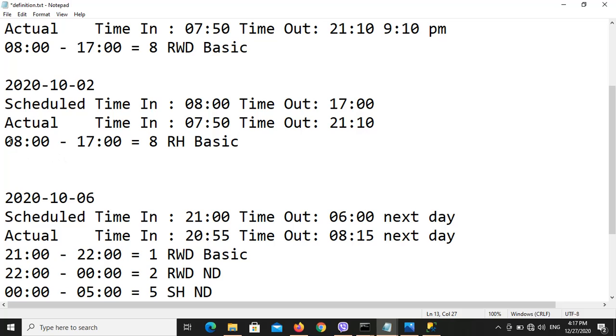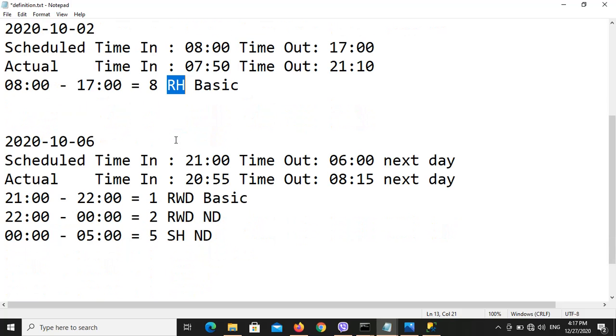So here, from 8 to 5, it will be 8 hours RH basic, means regular holiday. So it's not a regular working day, it's a regular holiday. So here, there will be a different rate for this, since it is a regular holiday.